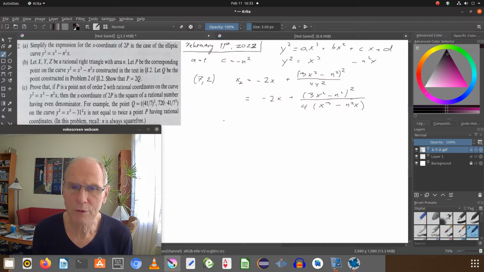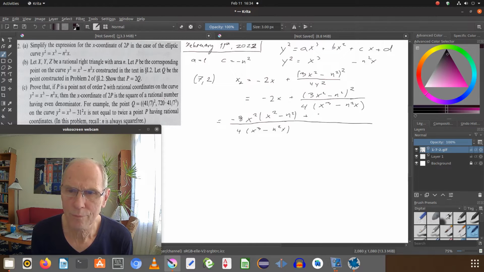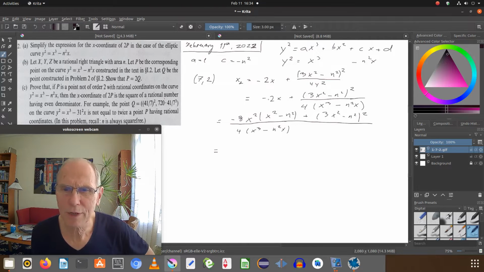So we have to put them on with the same denominator. Minus 8x squared, and we need to check if that's right.